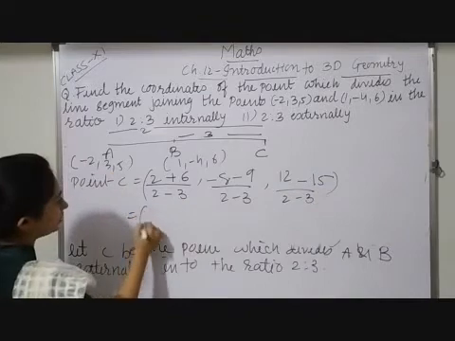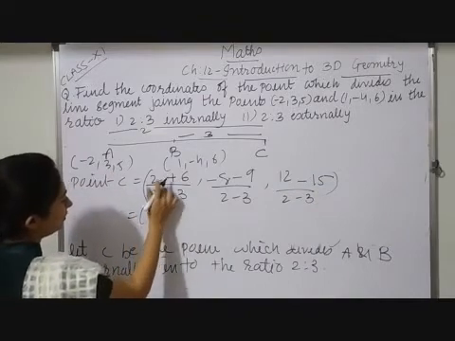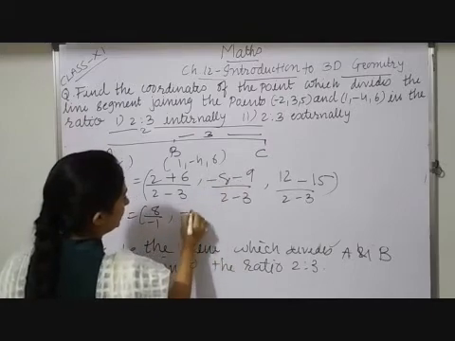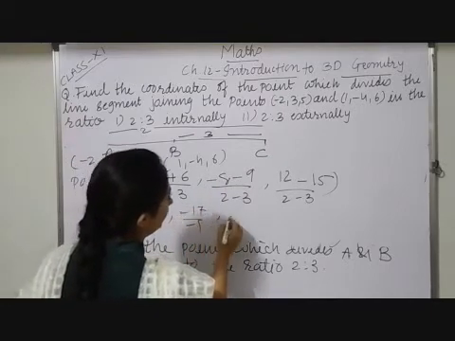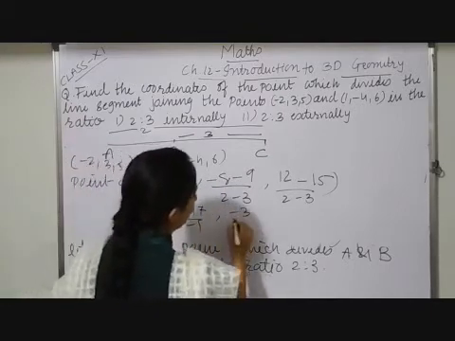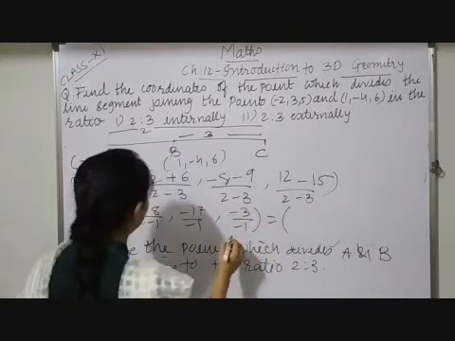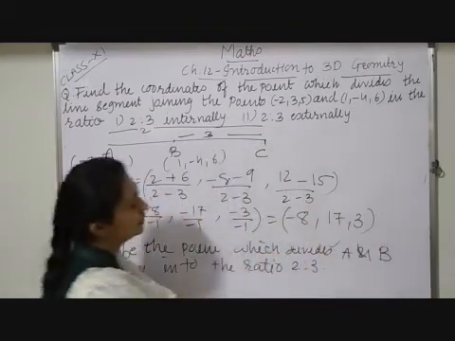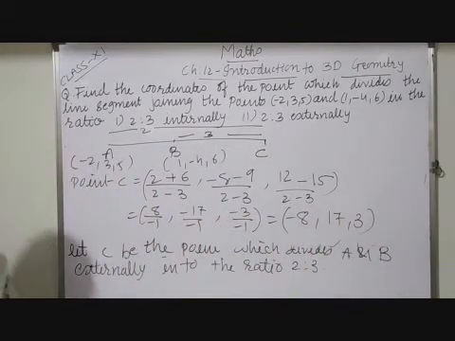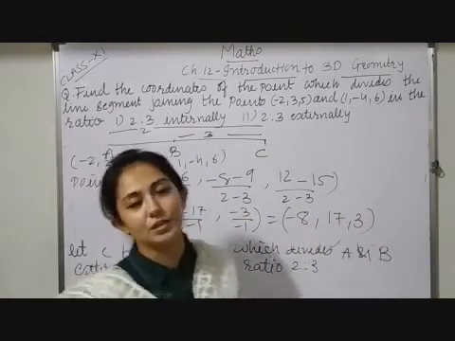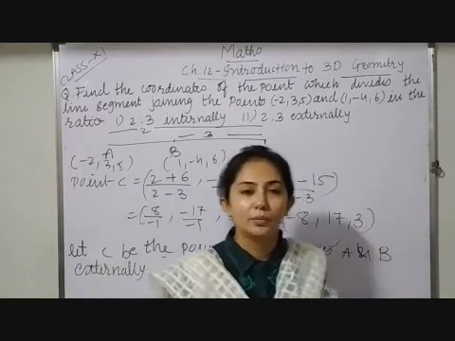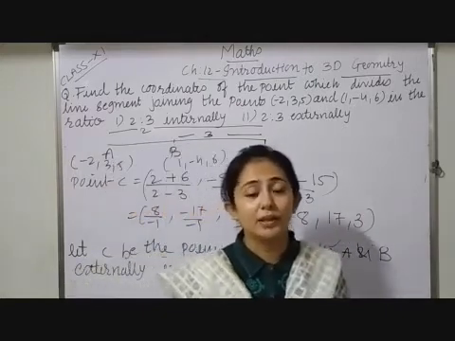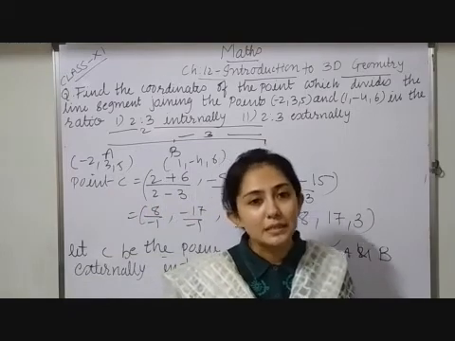So which is equal to 6 plus 2, 8 upon -1, -17 upon -1, -3 upon -1, which gives -8, 17, 3. So these are the required coordinates. Hope this solution is understood. You just have to remember the same formula, but be careful: when externally given, in place of addition you just have to place minus.